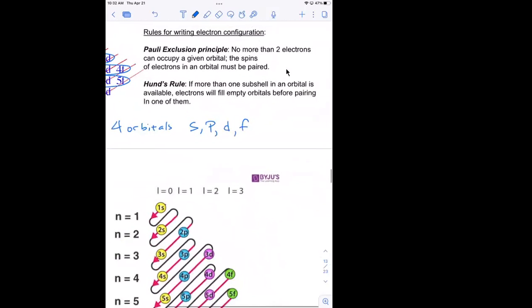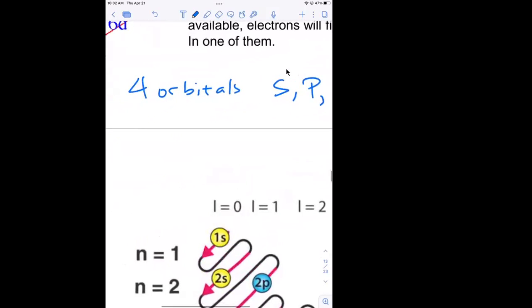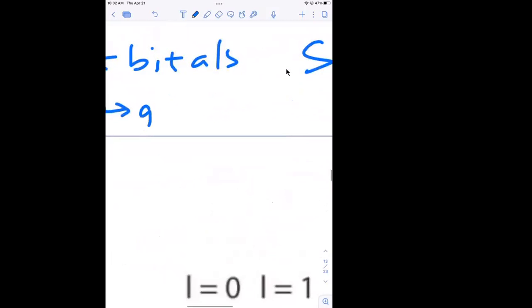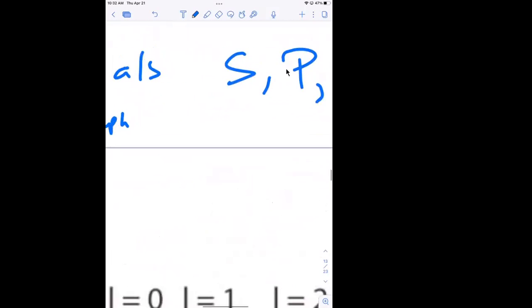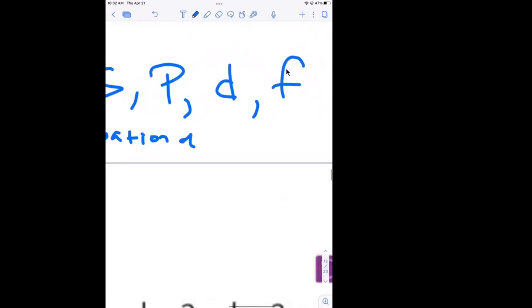Let me say this too, because I can say the word orbital all day. The orbital itself is a graph. It's not real, you can't touch it. It's not tangible.